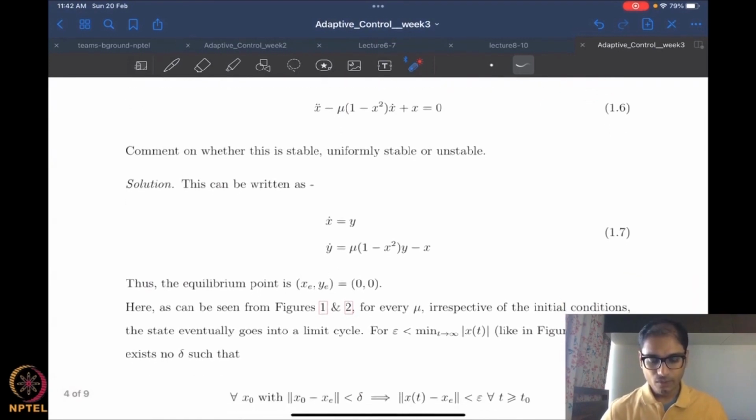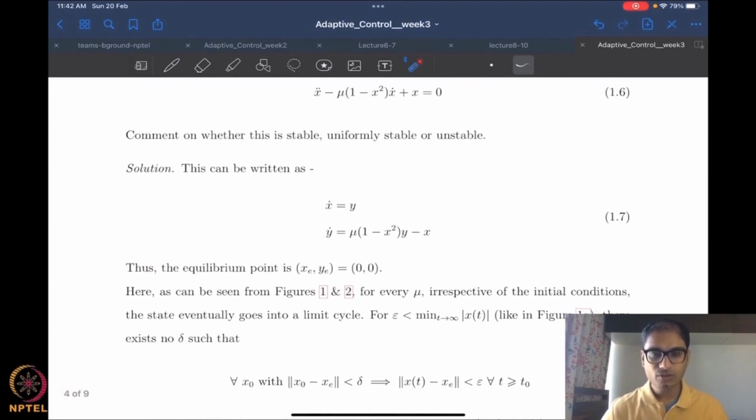The first thing we do is write this 1.6 in the standard state space form, and for this we choose states x and y as always. So this equation 1.7 is what we will analyze. The first thing to observe is that (0, 0) is an isolated equilibrium point for this system.